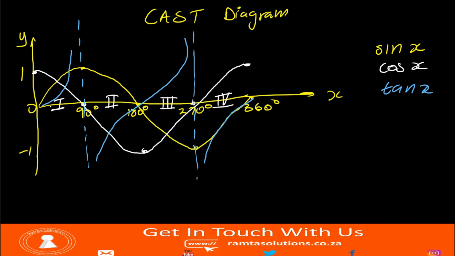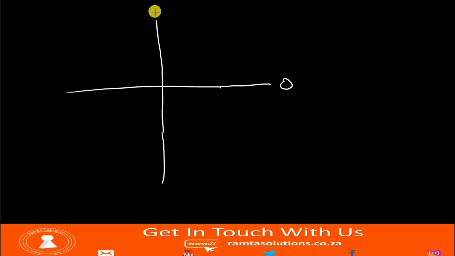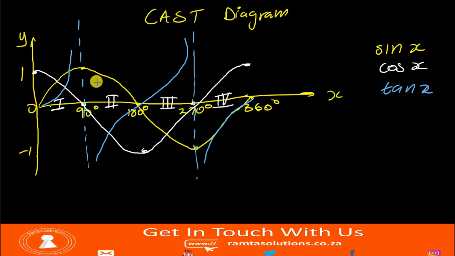Now, let me remind you of your CAST diagram. So you have a CAST diagram. Let's say this is 0, 90 degrees, 180 degrees, 270 degrees, and 360 degrees, a full revolution. Going back to these graphs, can you see that in the first quadrant, all ratios are above the x-axis, meaning all are positive.